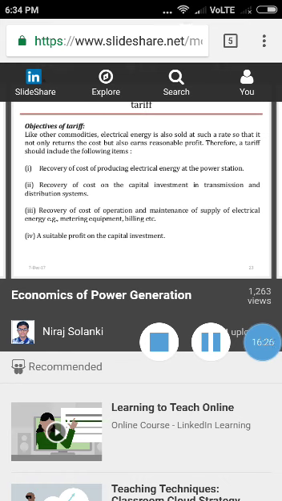Therefore, a tariff should include the following terms: recovery of cost of producing electrical energy at the power station, recovery of cost on the capital investment in the transmission and distribution systems, recovery of cost of operation and maintenance of supply of electrical energy, that is metering equipment, billing, etc., and a suitable profit on the capital investment.